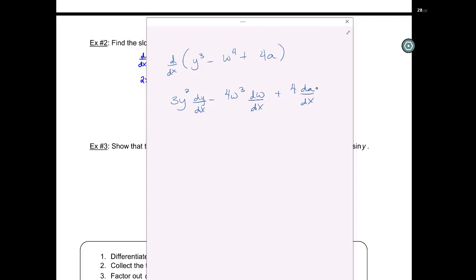Whatever variable you're working with is what I'm taking the derivative of with respect to x. Because each time, like here, my y is the inside. So it's the derivative of the outside, keep the inside the same, times the derivative of the inside, so dy/dx. Here, derivative of the outside, keep the inside the same, times the derivative of the inside, where it's w this time. Does that make sense? How each part you have to treat differently with respect to x.